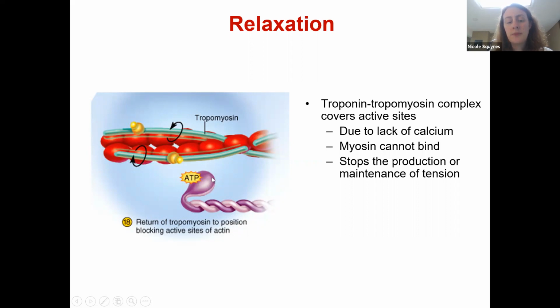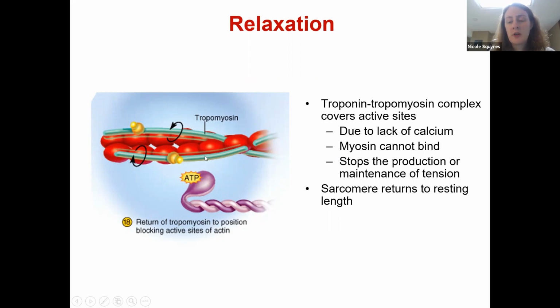And so you are no longer going to be able to produce or maintain any tension in the muscle, because actin and myosin, once again, cannot interact with each other. And once they can no longer interact, you're no longer going to be able to pull the thin filaments towards the midline of the sarcomere.